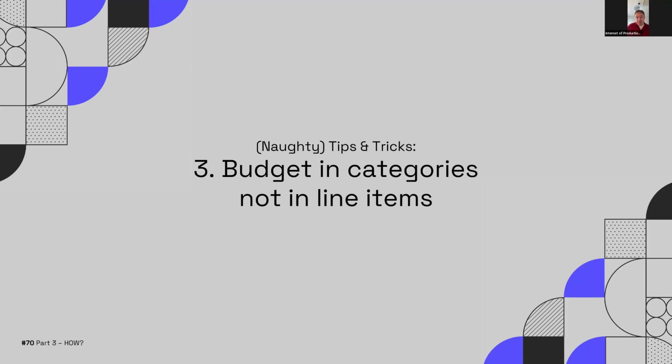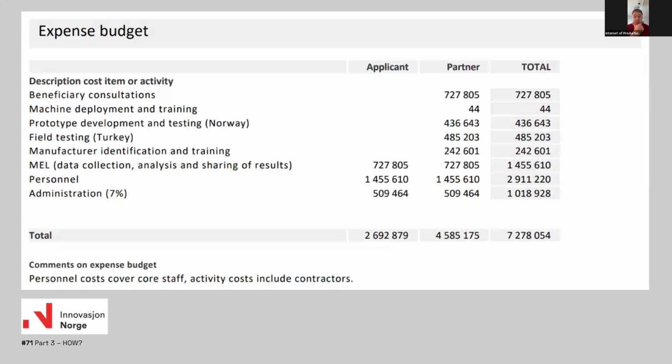So here's an example. For an Innovation Norway bid that I did, it's 7 million Norwegian kroner, which is about $700,000. It was an online form. I'd copied and pasted in all the text, and I was clicking next, next, next.